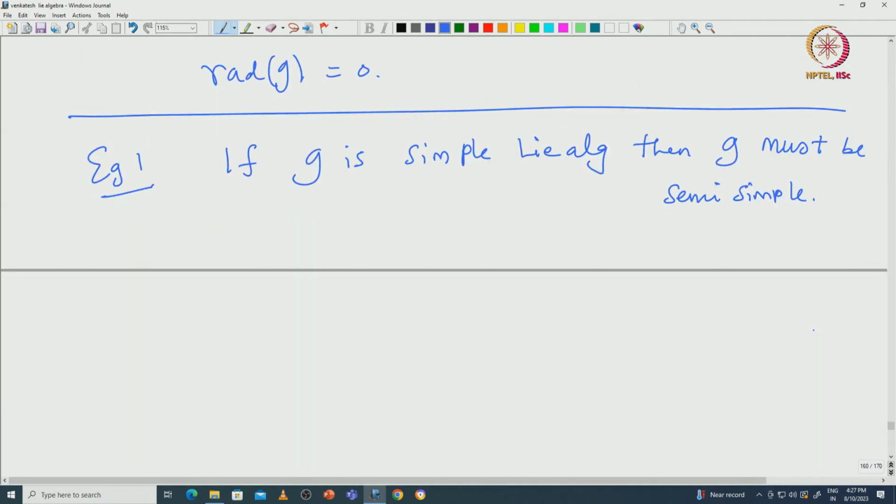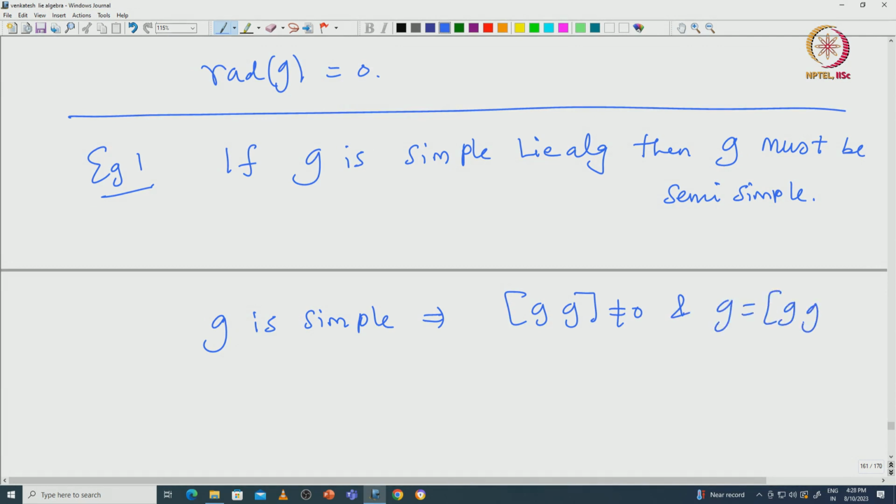Why is this true? Since G is simple, that would imply that the bracket [G, G] must be non-zero and G must be equal to [G, G].